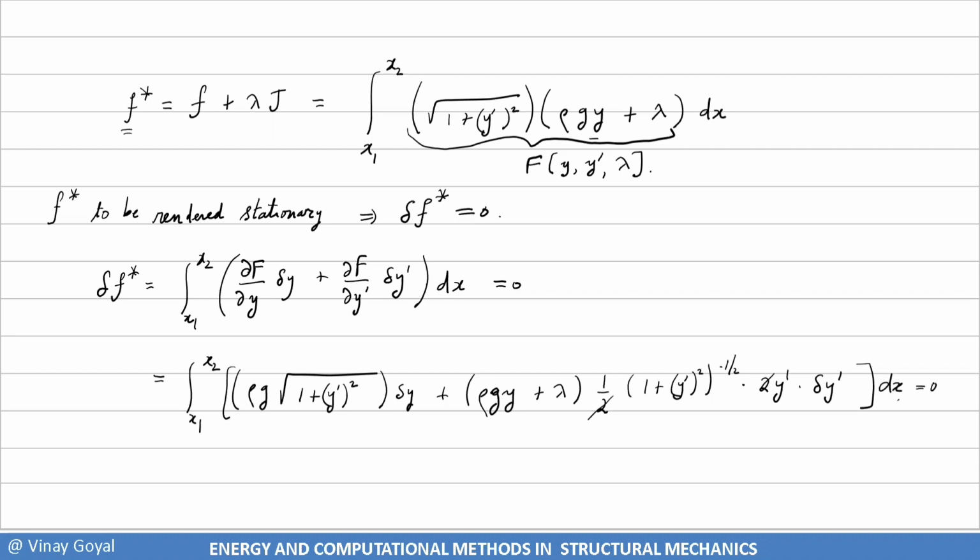Now what I have to do is integrate this by parts. That will be a little bit of work, but very doable. So let's take this term here.